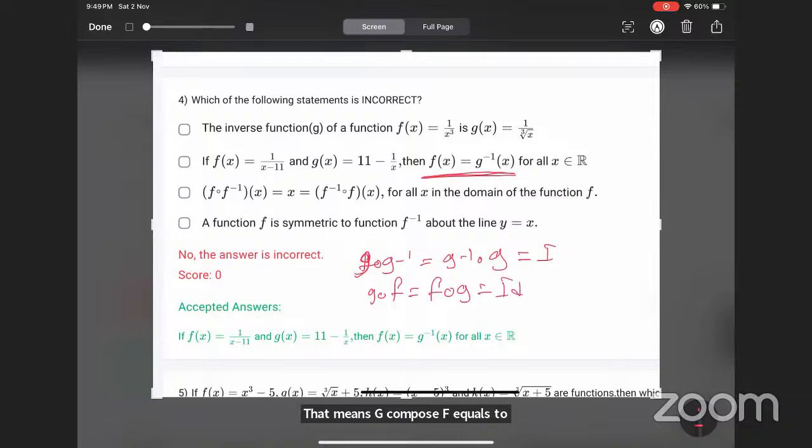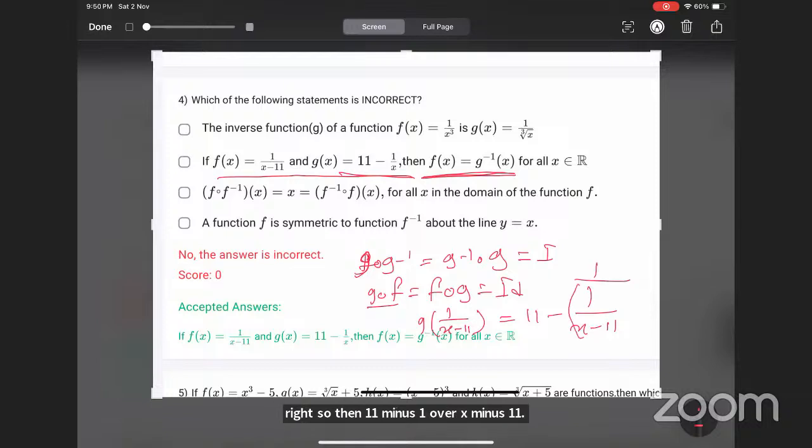Now you just have to check whether it is satisfying or not. With the second one, let us check g compose f. So g is our 11 minus 1 by x, and what is our f? This is this. Then we will get 11 minus 1 over x minus 11, right?